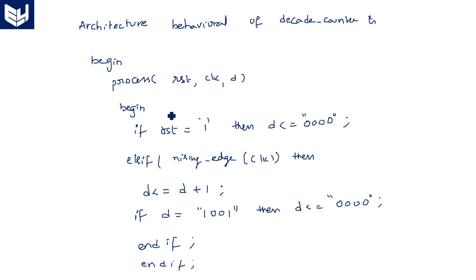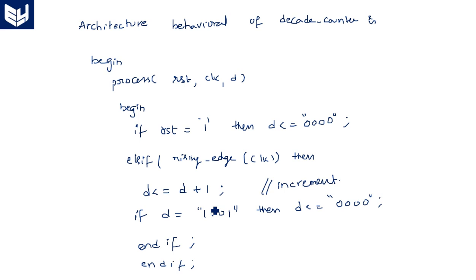See here, once again I am discussing. We have taken a process with reset, clock, and D. If reset is activated, reset is 1, then D is equal to all zeros. All the flip-flop outputs are zeros. Else, for every rising edge of the clock signal, D is incremented by 1, and this goes up to 9.